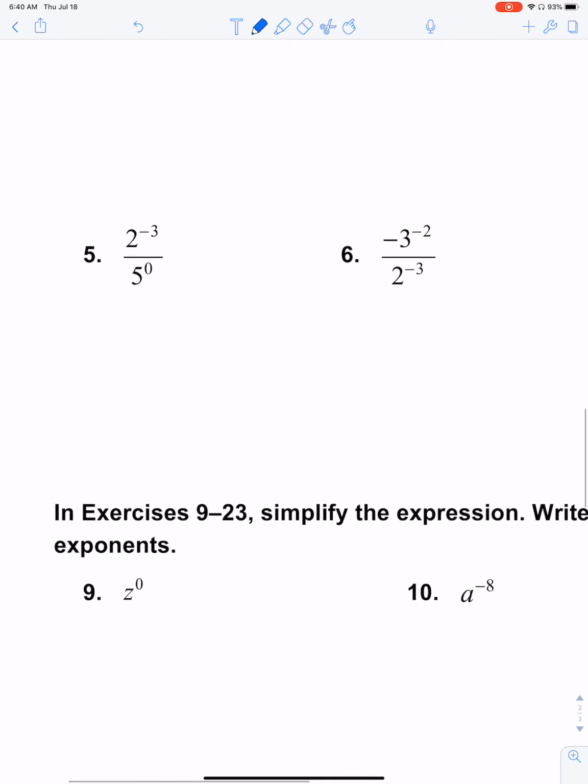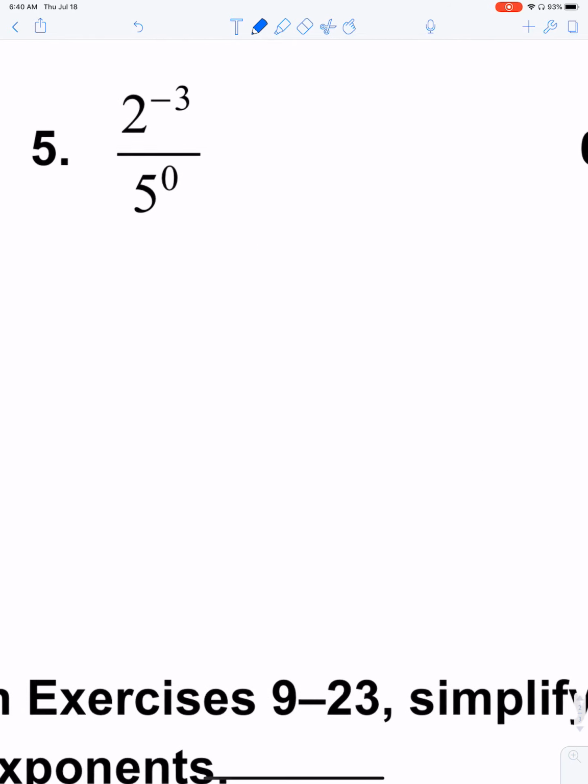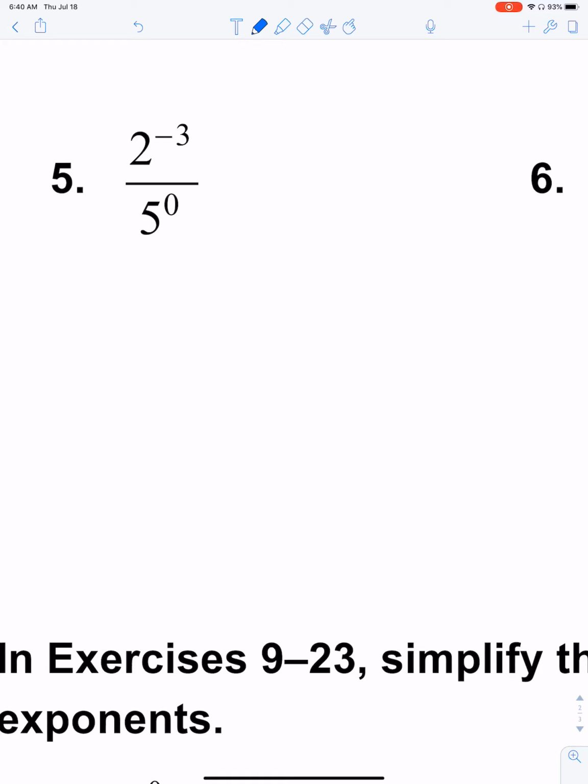Moving on, number 5. Again, we're moving into the multi-step problems. So the first thing I would do with number 5 is get rid of the 5 to the 0 power on the bottom. So leave 2 to the negative third alone on top, 5 to the 0 power, I know that's 1. Now, I have to get rid of the negative exponents.